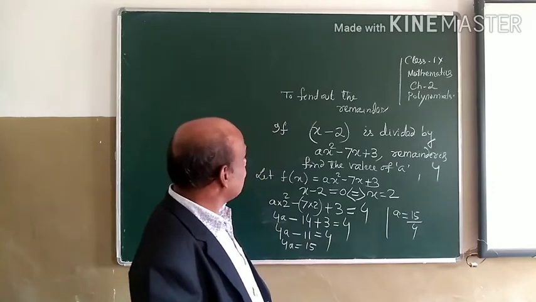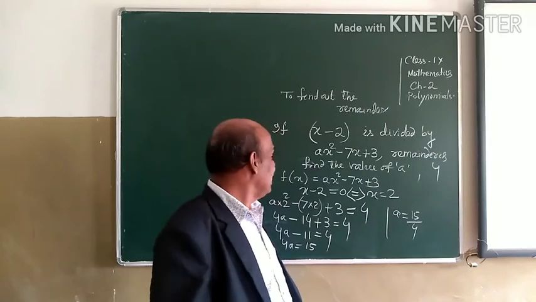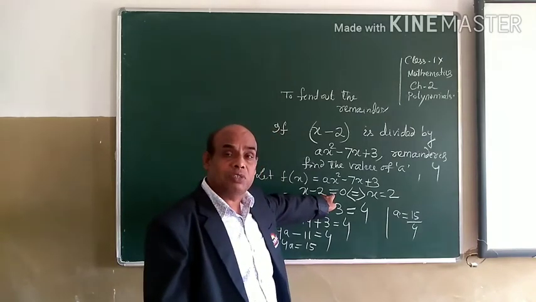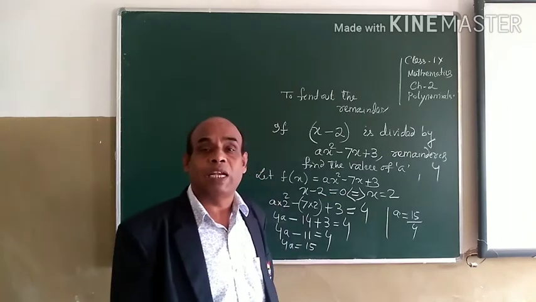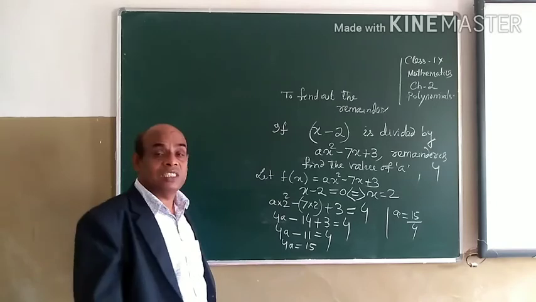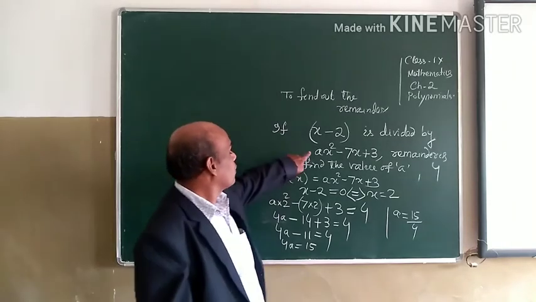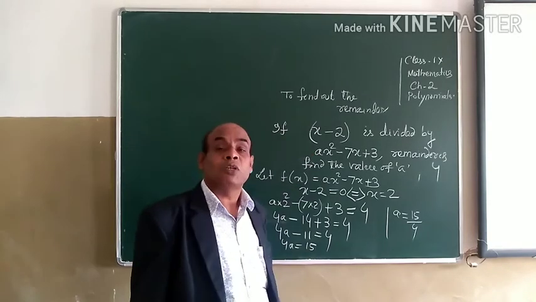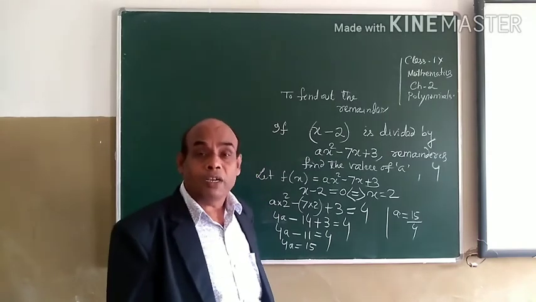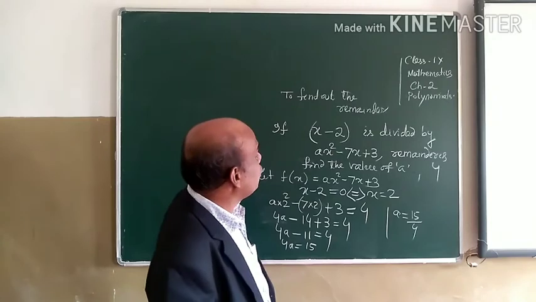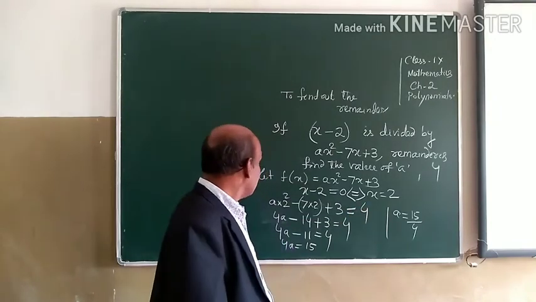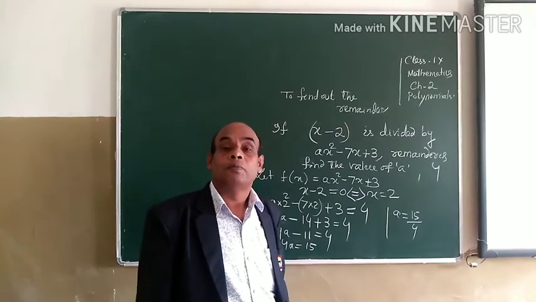So if x minus 2 is the divisor, we write x minus 2 is equal to 0, when x value is equal to 2. Putting x is equal to 2 in the dividend, that is f(x), that will be the remainder. But in the question the remainder is given as 4. Therefore that is equal to 4. So we got the value of a.